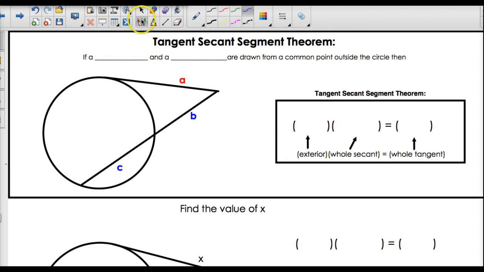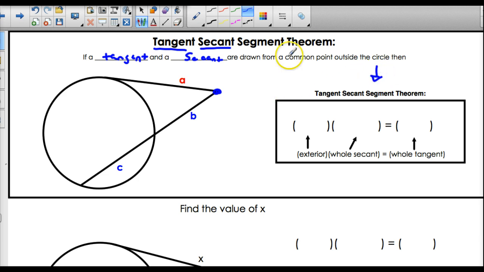Okay, for our final theorem, we're going to do the tangent secant segment theorem. So this involves a tangent and a secant. If a tangent and a secant are drawn from a common point on the outside, then we use this theorem.